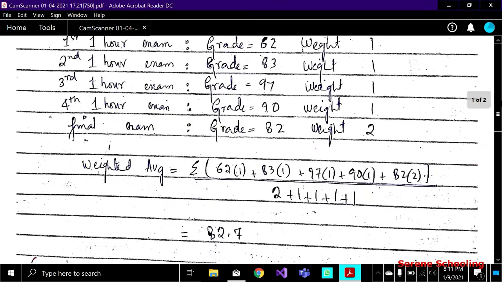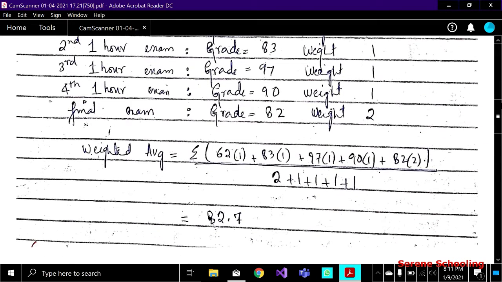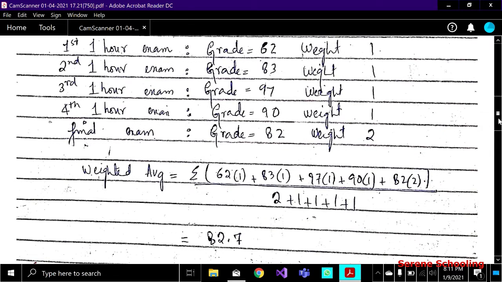Okay, so now let's go to the formula. It says that the sum of all data values multiplied by their weightage over the sum of all the weights, right? So you can see we are given these weights 2, 3, 4, 5, 6. We have written all the weights over here, the sum of all the weights, and the first data value, that is 62, multiplied by its weight, x comma w, right?